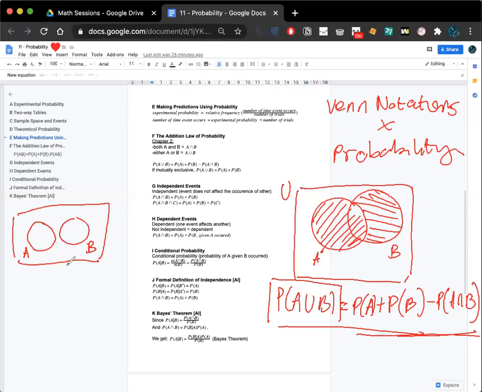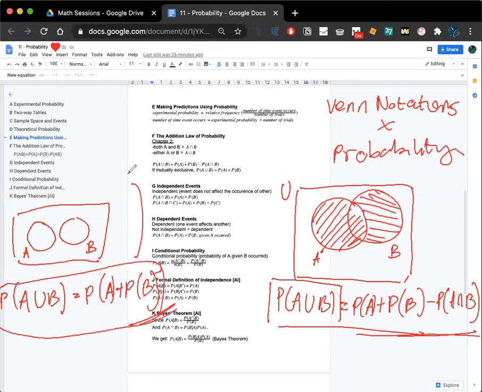And when that happens, P(A union B) equals P(A) plus P(B). This again is quite similar to the Venn diagram formulas that we encountered last time.